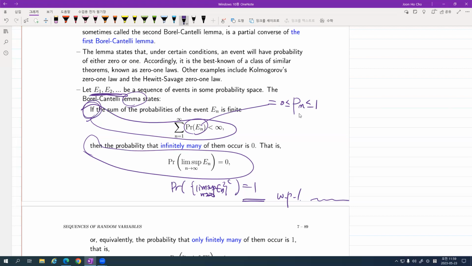Sequences of events, where the lim sup of the events and lim inf of the events are defined. Now, the Borel-Cantelli lemma is about proving that some limiting event has probability 1. And that limiting event involves the notion of the lim sup of the events. Got it?